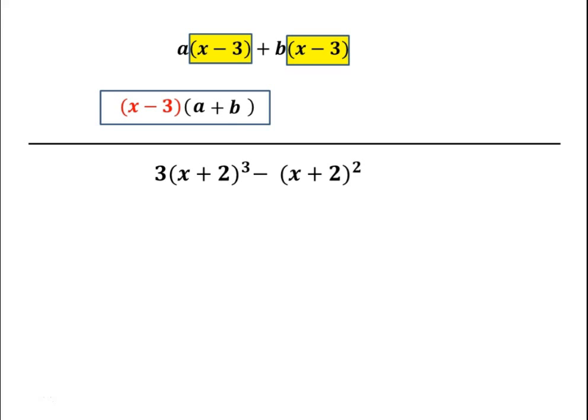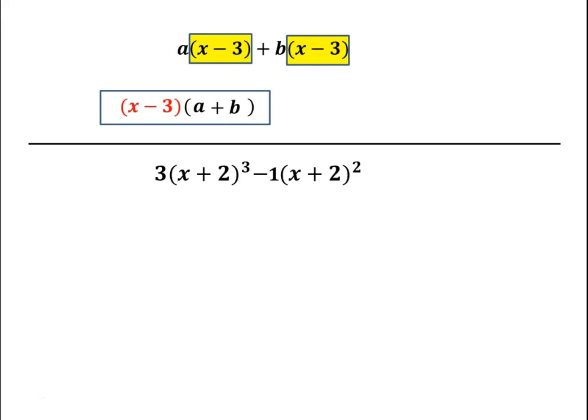Keep in mind that anytime you see a variable with no number in front of it or a set of parentheses with no numbers in front of it, that number is really understood to be a 1. So for a problem like this, just go ahead and put that 1 down, because it's going to help us as we go through the problem, and you'll see why in just a minute.